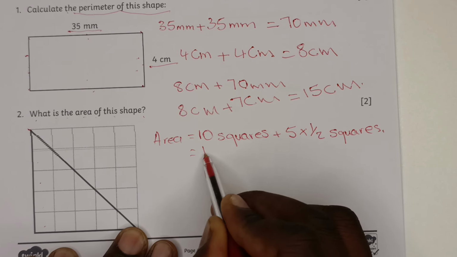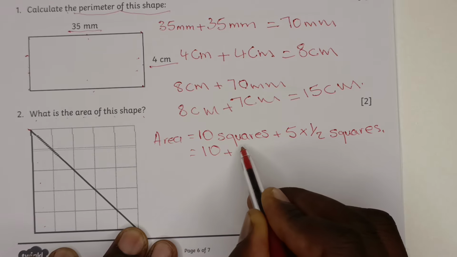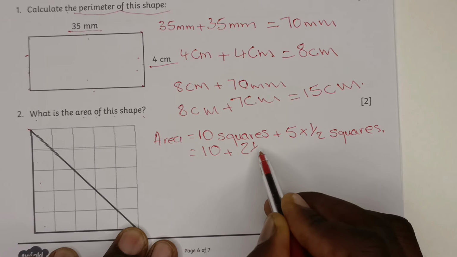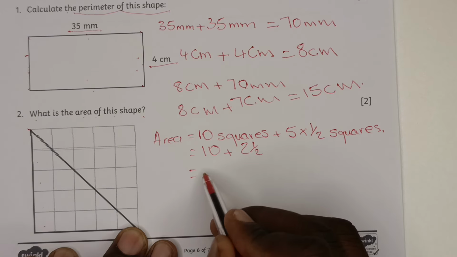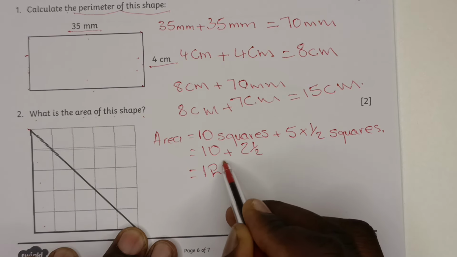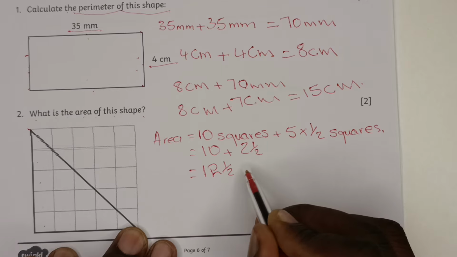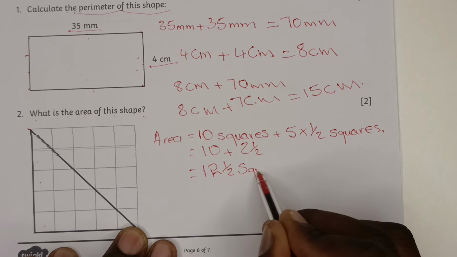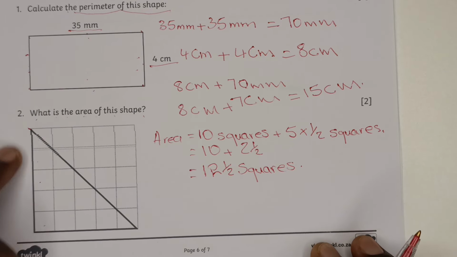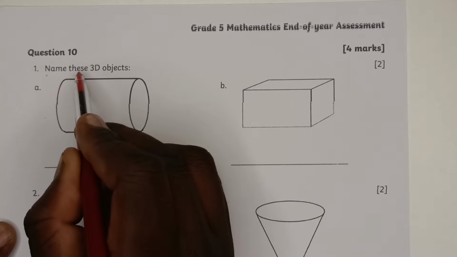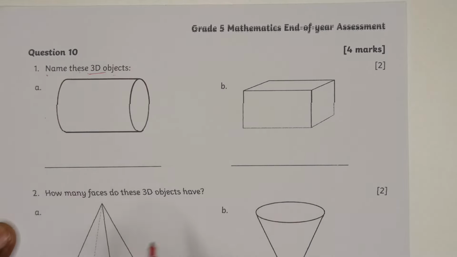So this is the same as 10 plus 2.5, which gives us 12.5 squares. So the area of this shape is 12.5 squares. Question 10 says, name these 3D objects.